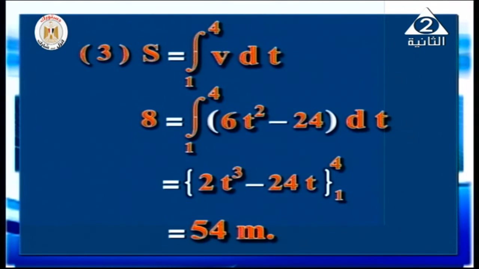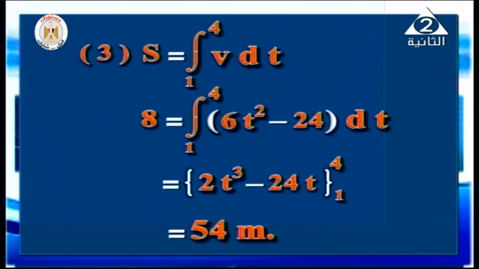What is the velocity? This relation, 6t squared minus 24, with respect to time t. What is the integration? Excellent student. 6t power 3 over 3, or 2t power 3 minus 24t. We have no constant of integration.